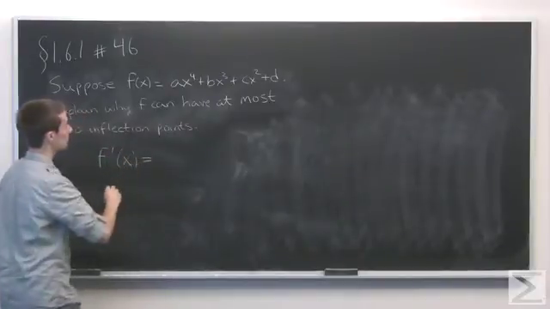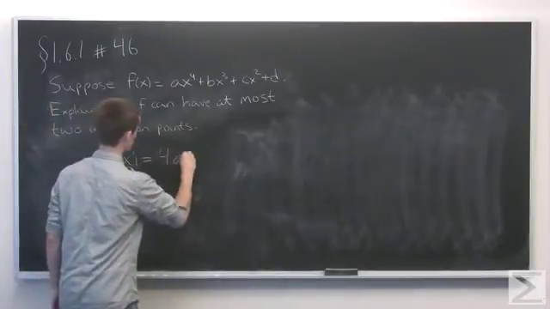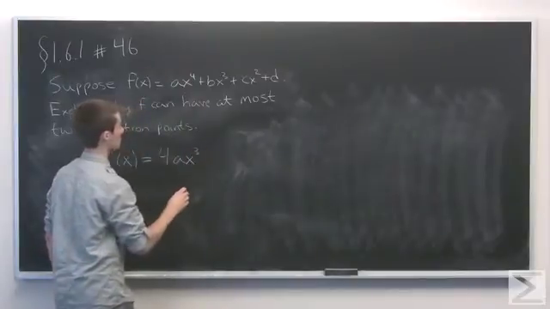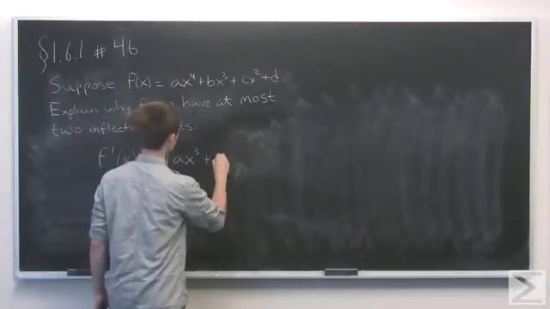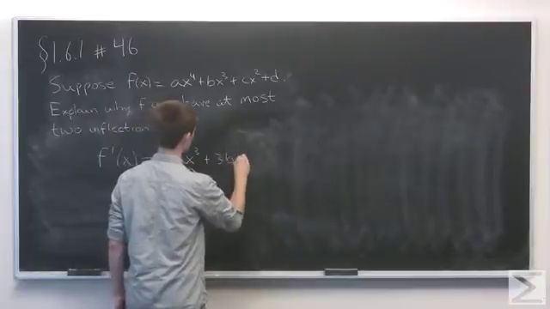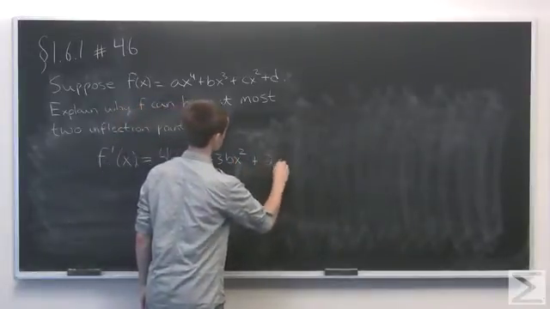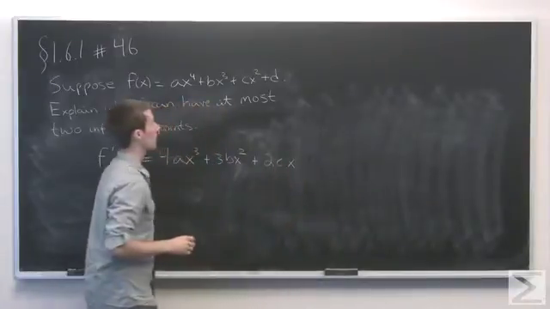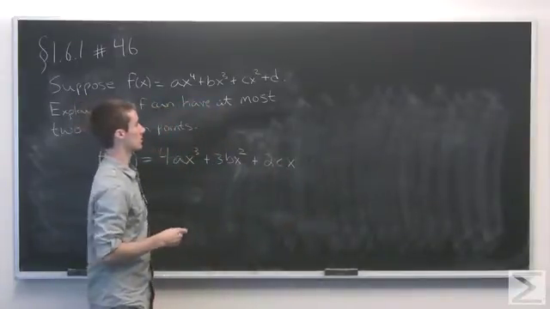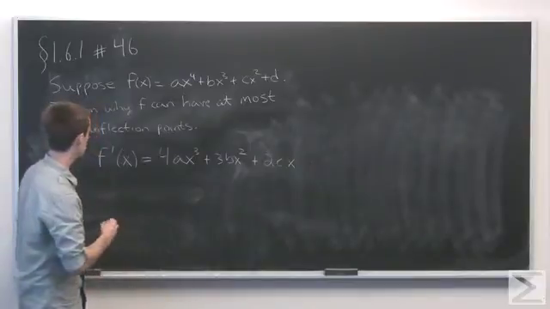So the first derivative will be 4ax cubed plus 3bx squared plus 2cx, and the derivative of a constant term is just 0.